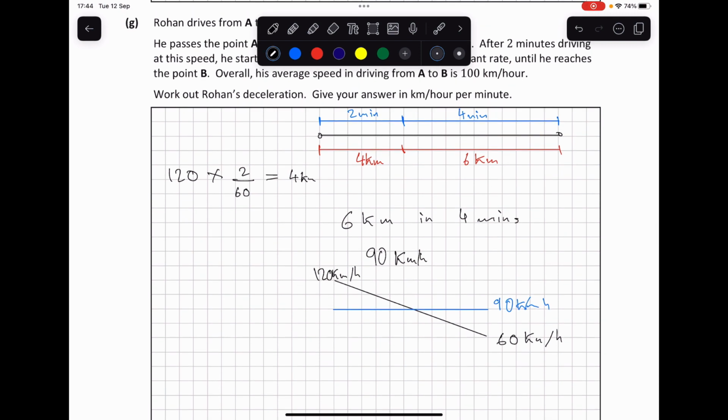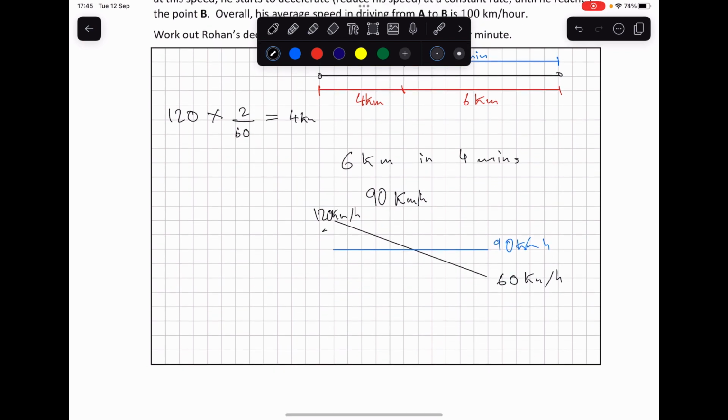Okay, to work out the deceleration, to go from 120 to 60 in 4 minutes and 6 kilometers. The deceleration is in kilometers per hour per minute. So let's think about that. Not too bad. There's a 60 kilometer an hour difference between the 120 and the 60.